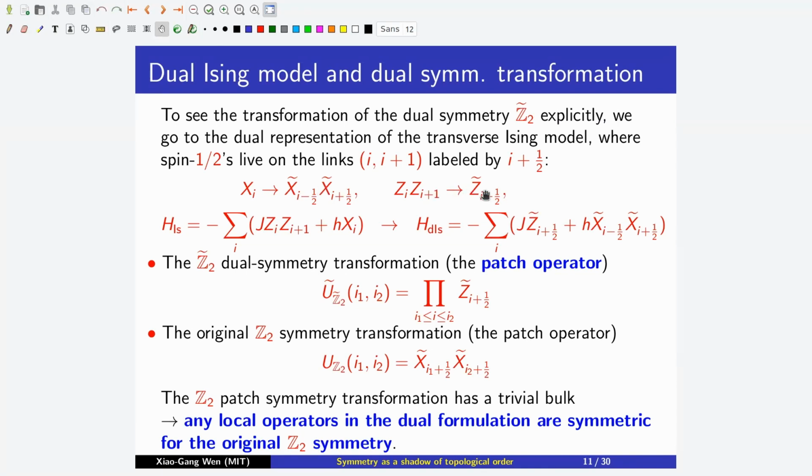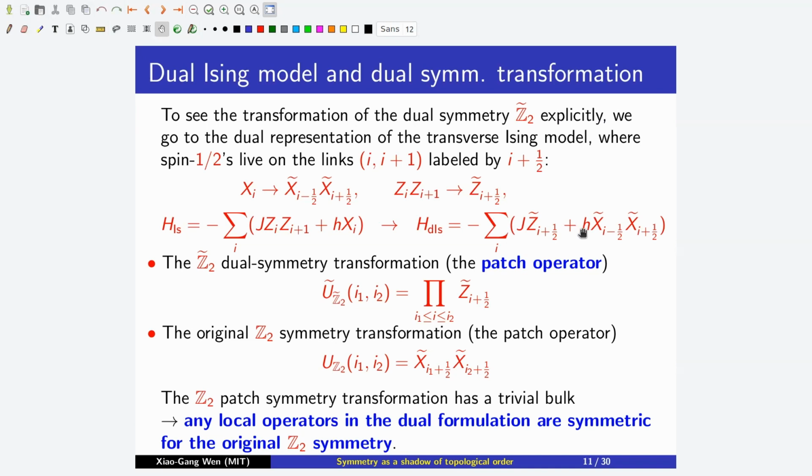The algebra is identical, so these two models have the same spectrum, because the Hamiltonian is constructed from operators with the same algebra. That's what I call the duality mapping, almost like a symmetry.